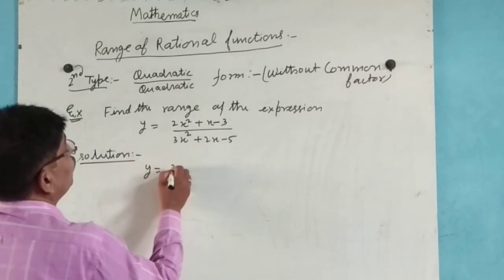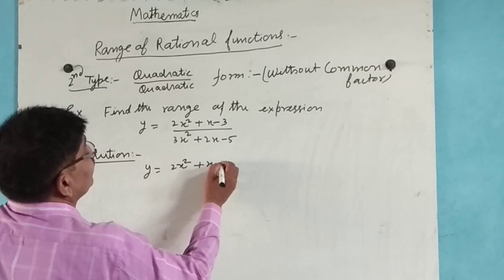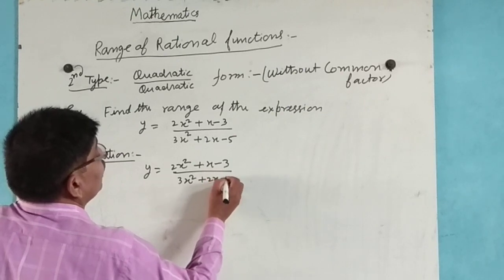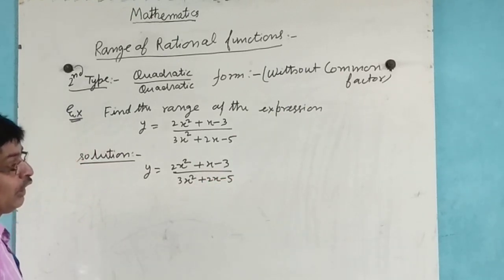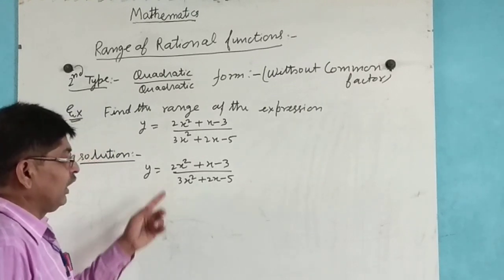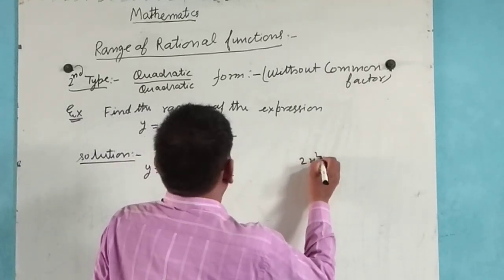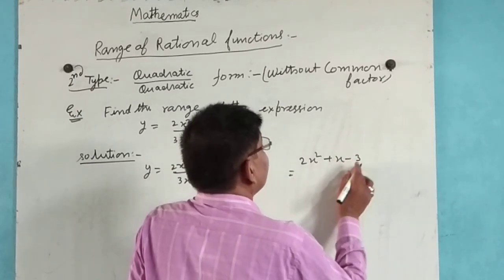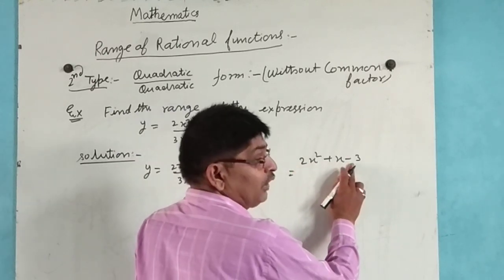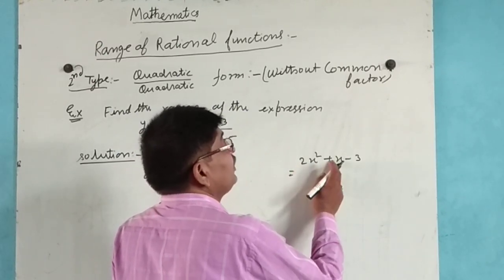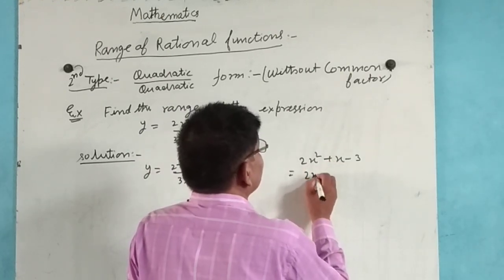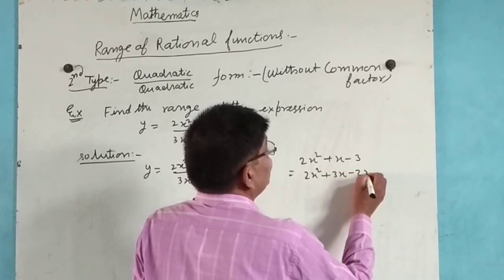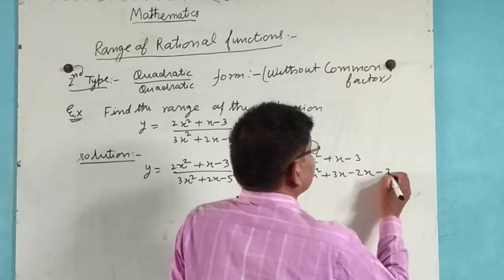y equal to (2x square plus x minus 3) divided by (3x square plus 2x minus 5), without common factor. First of all, we factorize it. 2x square plus x minus 3: the product is 6 and negative, so the difference is 1. 2x square plus 3x minus 2x minus 3.